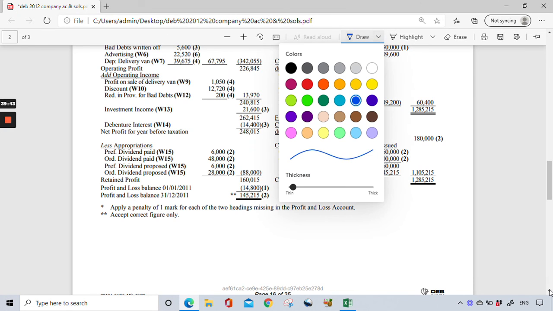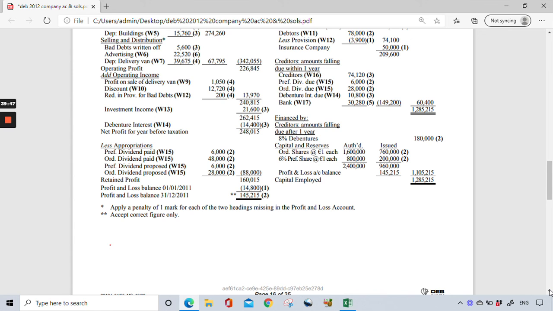I'll just highlight it in red. We have preference dividends paid, ordinary dividend paid, preference dividend proposed or due, ordinary dividends proposed. It doesn't matter which order it's laid out. I usually put preference dividend paid, preference dividend due, ordinary dividend paid, ordinary dividend due. It doesn't matter as long as those four numbers are there.